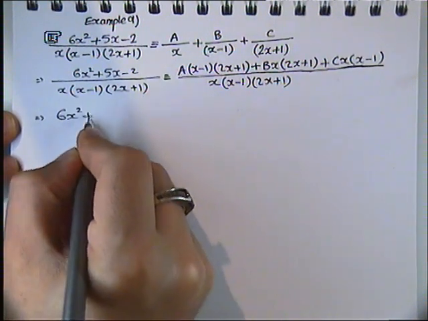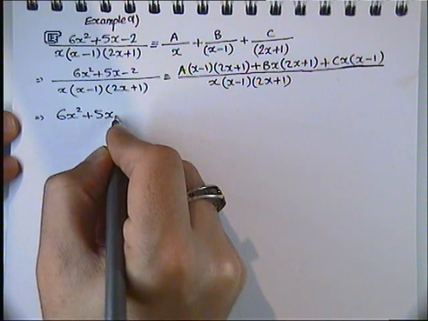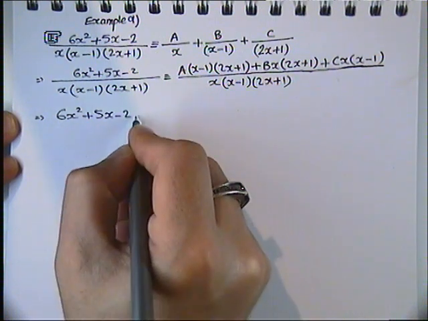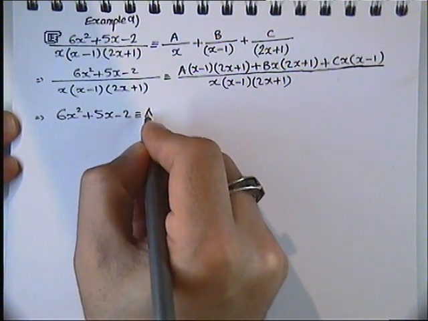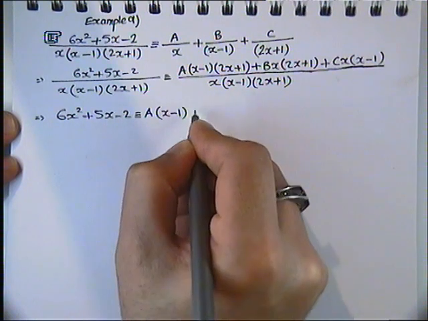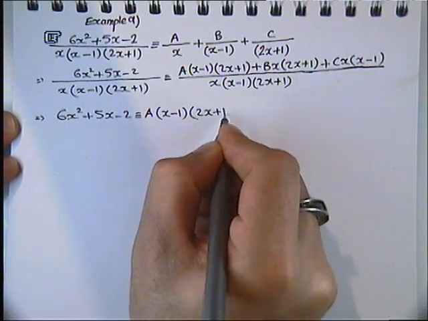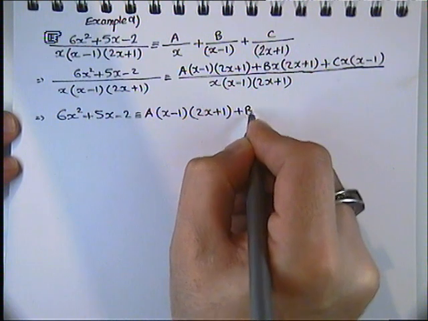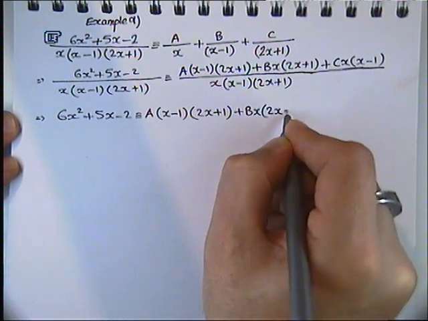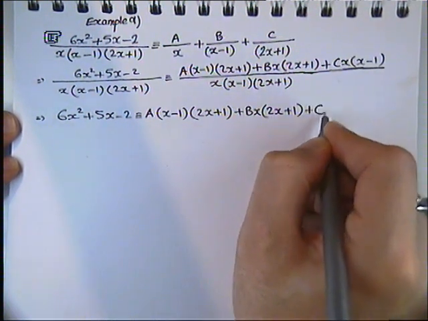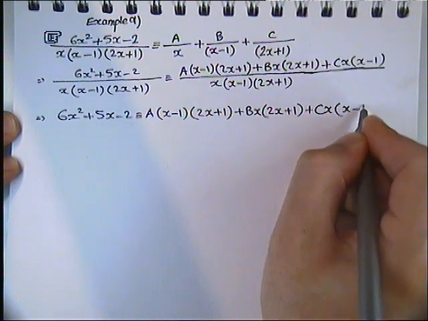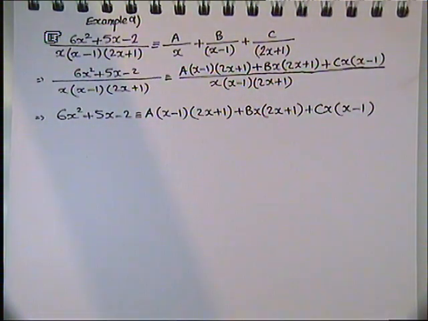Okay. So for these to be identical, 6x squared add 5x minus 2 must be identical to a times (x minus 1)(2x plus 1) plus bx times (2x plus 1) plus cx times (x minus 1).